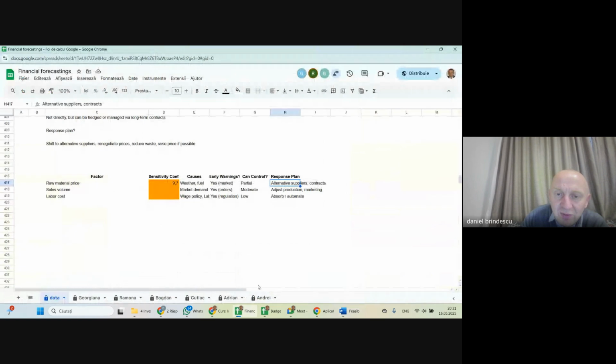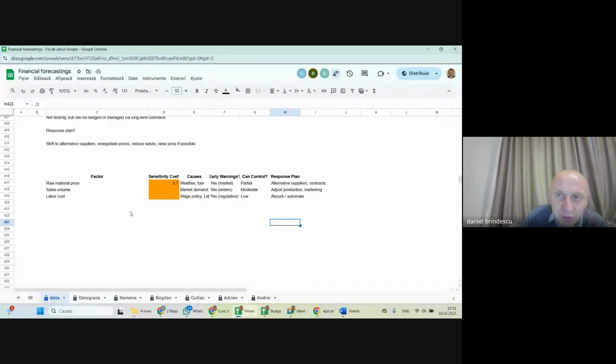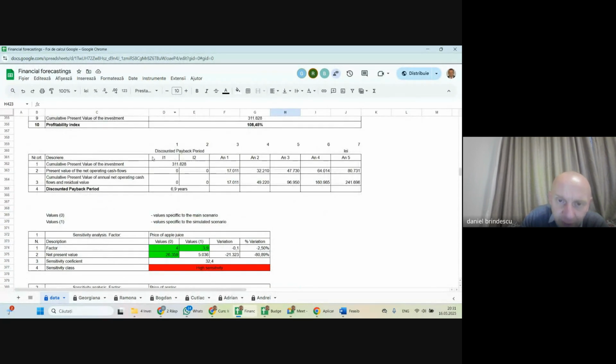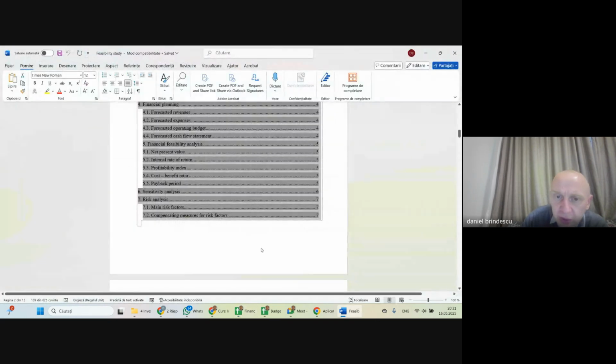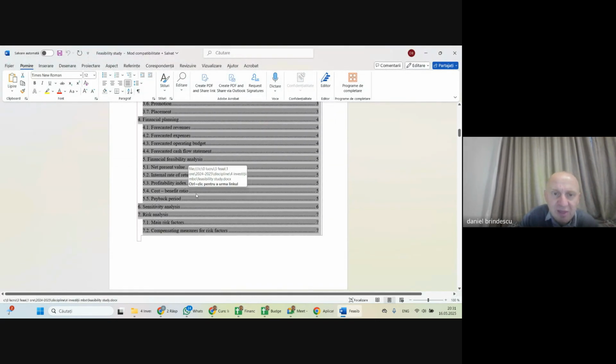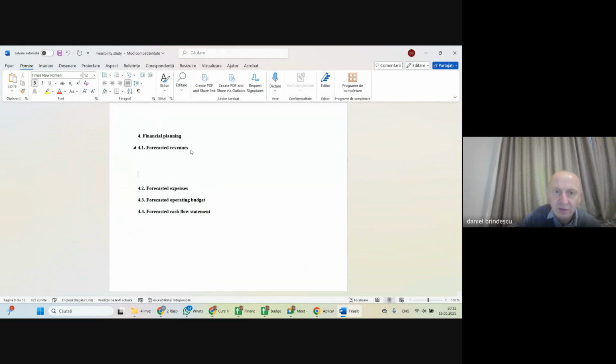So once you've done the calculations in the Google Sheet for the forecasting, and you have everything ready, you know that it's done, it's the final form. Copy the tables into your Word document, your feasibility study. For instance, the forecasted revenues, right?